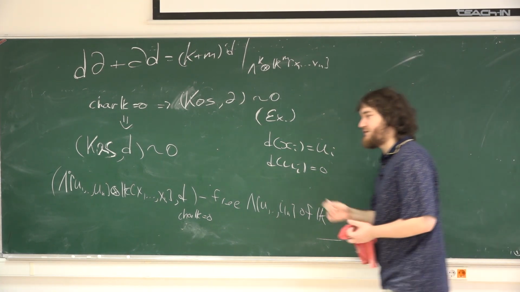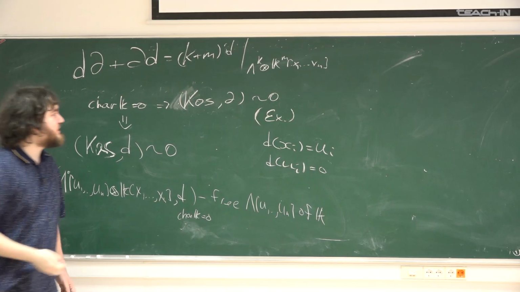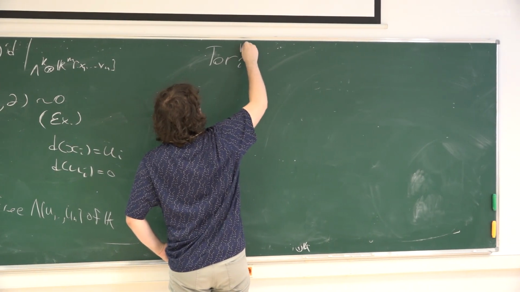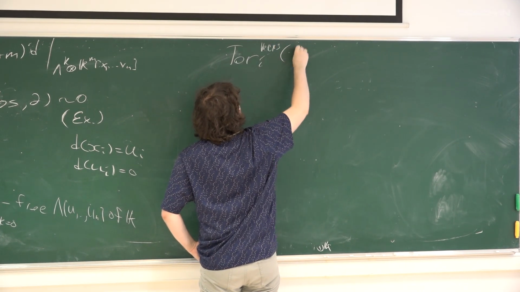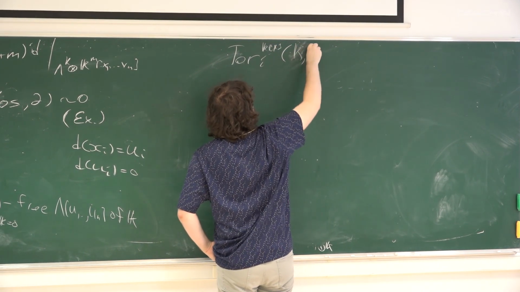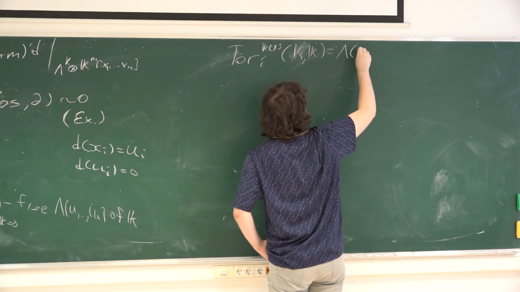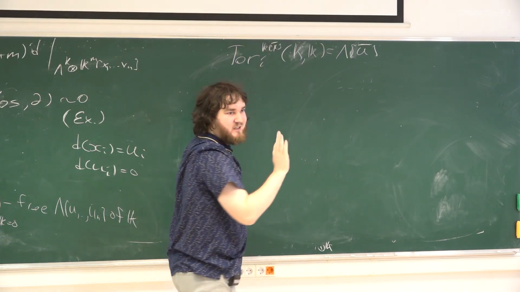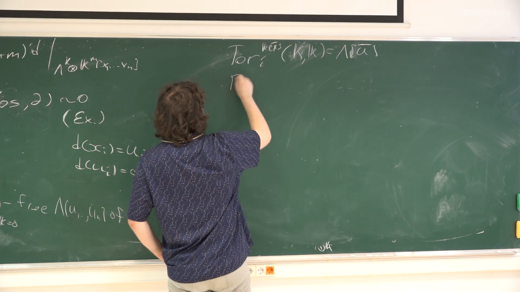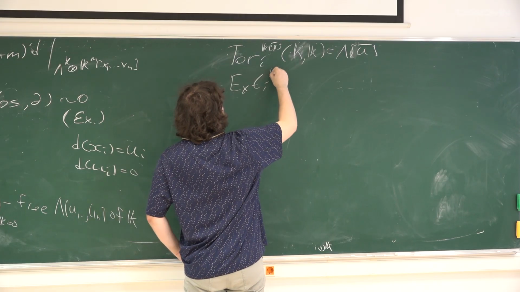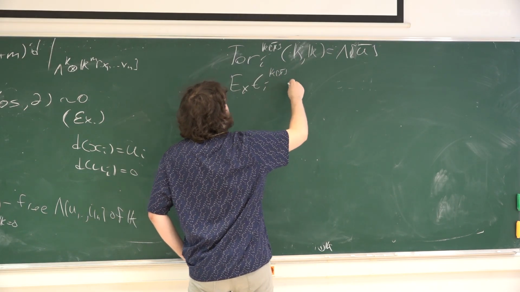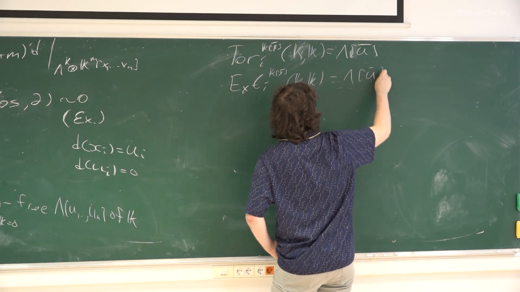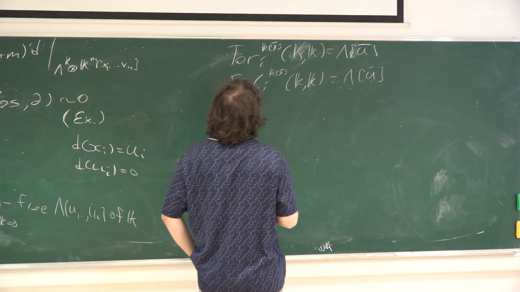Of course, we know Tor over the exterior algebra. Again, we know Tor over polynomials from k to k is an exterior algebra. Here the variables form a vector, okay, it's some variables. Over the exterior algebra from k to k, it's also the same thing, and dually it's true for any k.